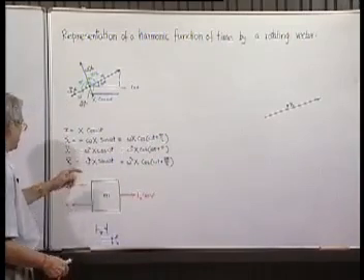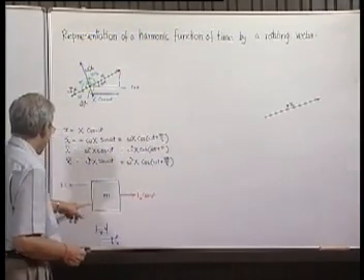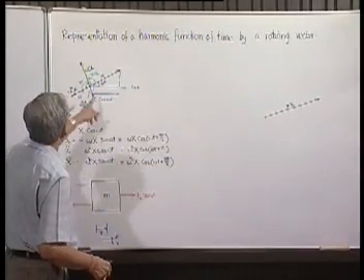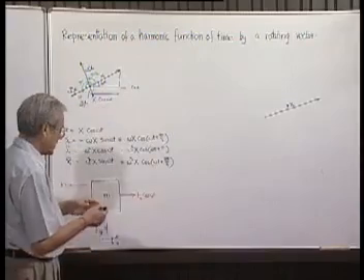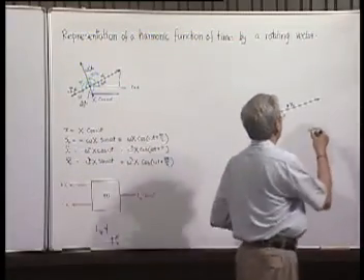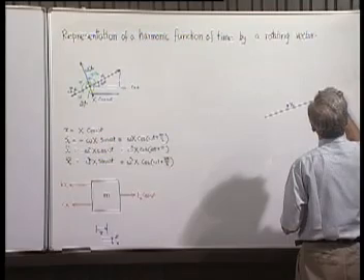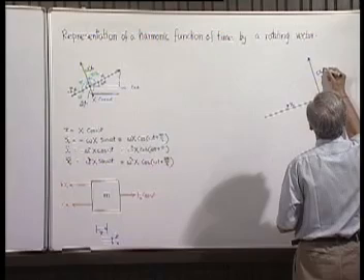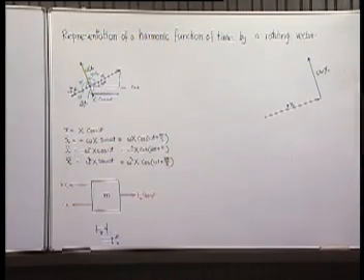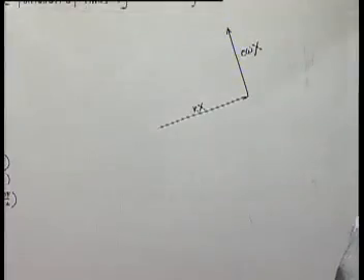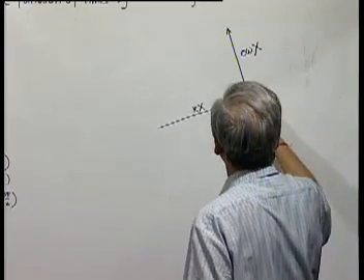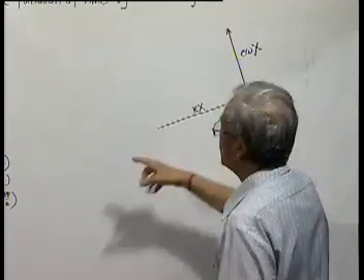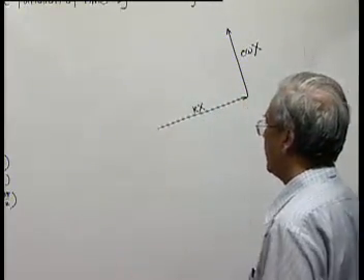We have to now add C x dot. Now, x dot is represented by this vector, so C x dot will be represented by a vector which is leading this one. These two vectors, kx and C omega x, when you join them, represent the total force acting on this side.